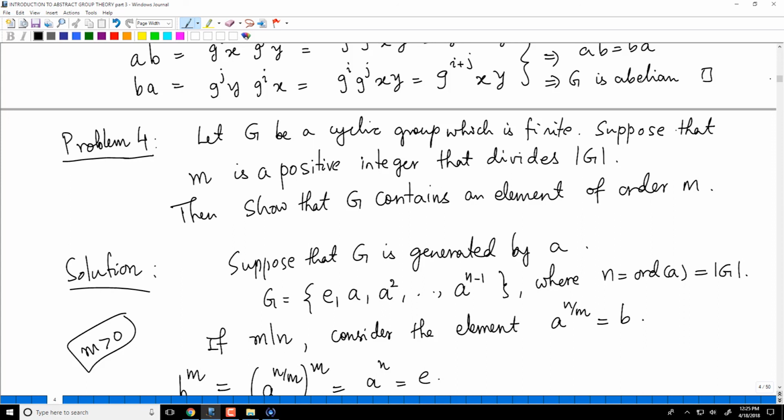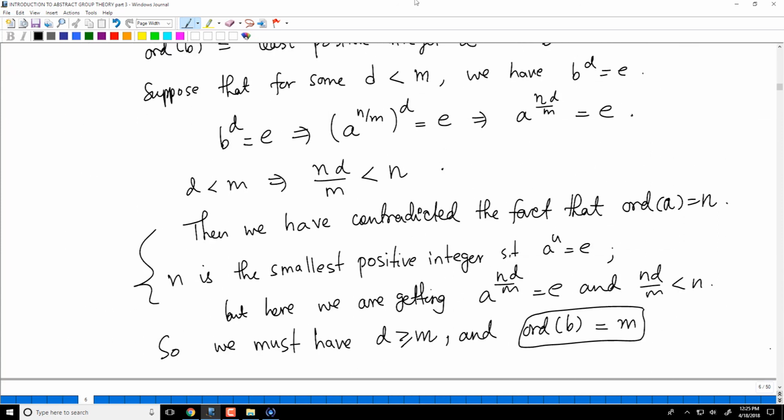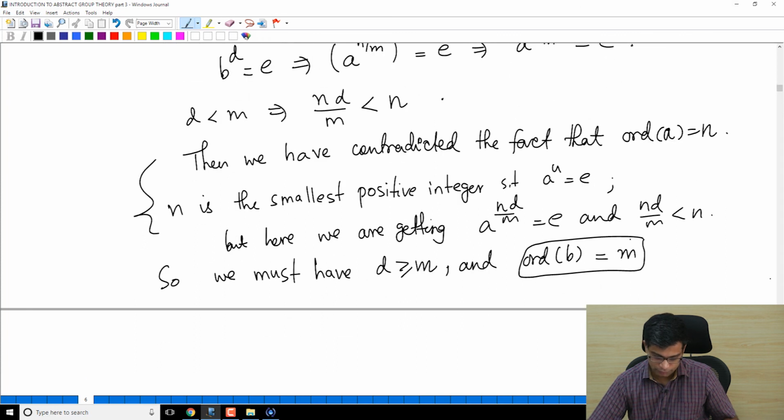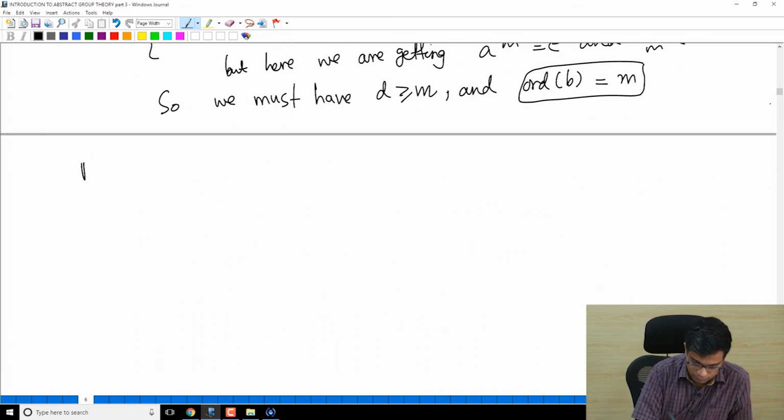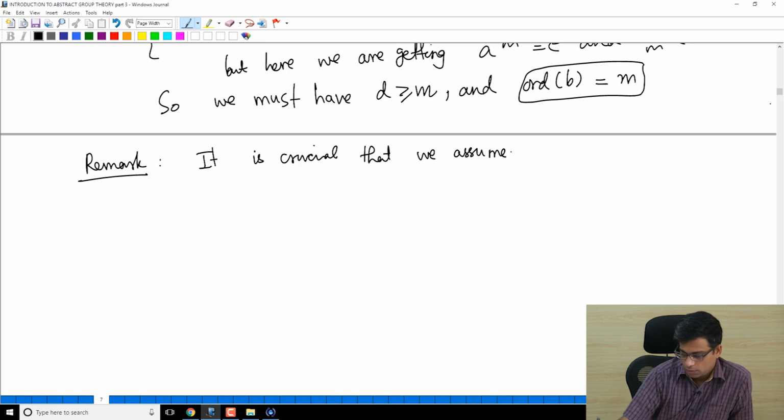So the statement that G contains an element of order m if m divides the order of G is simply false if G is not cyclic. So let me remark, it is crucial that we assume G cyclic in this problem.